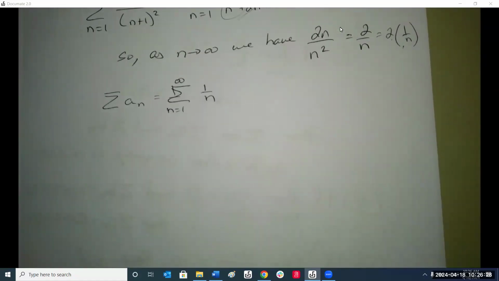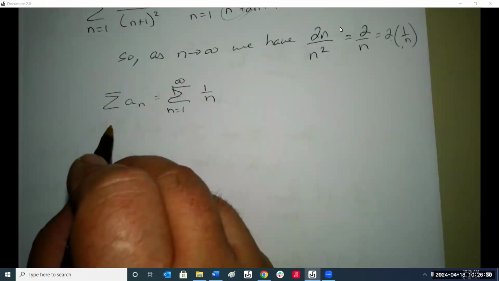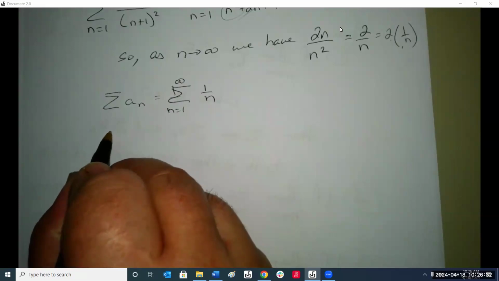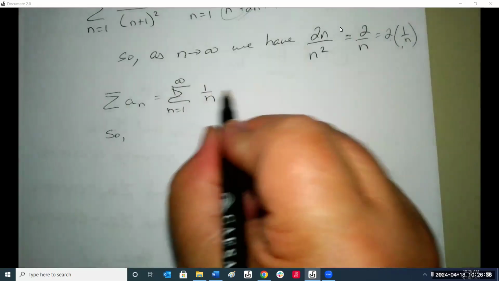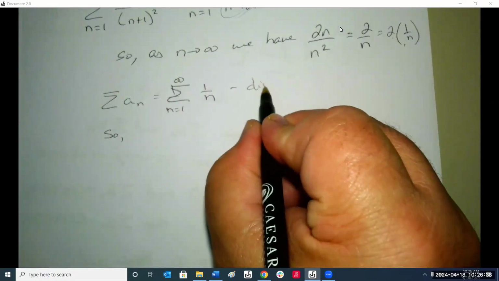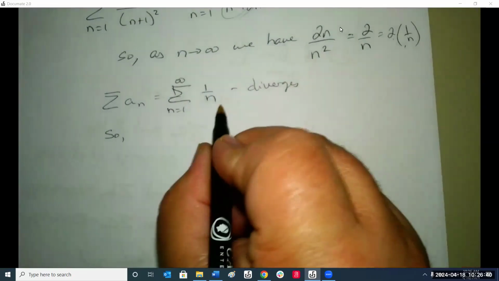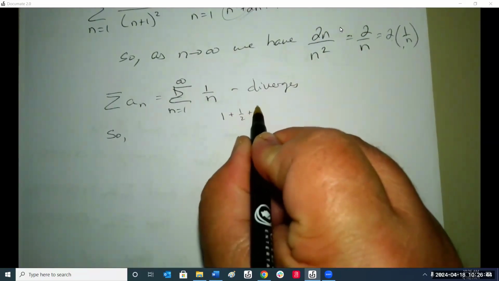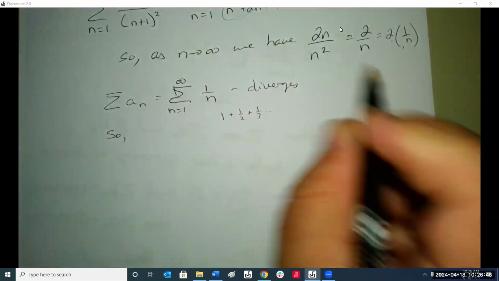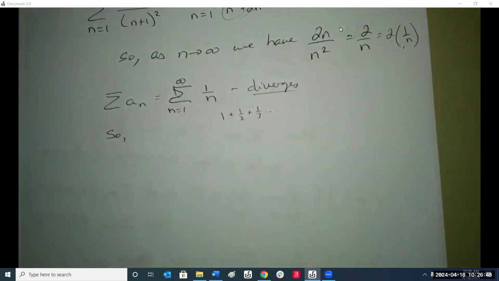We look at the limit. This diverges because it starts off at 1, then goes to 1/2, then 1/3, and so it diverges. There's no end to it.